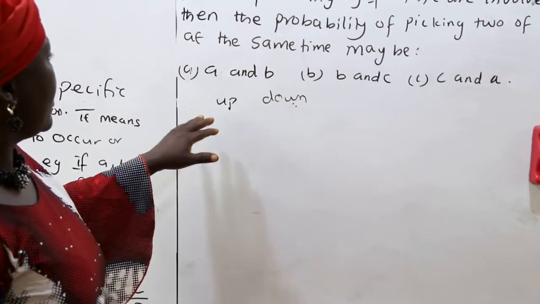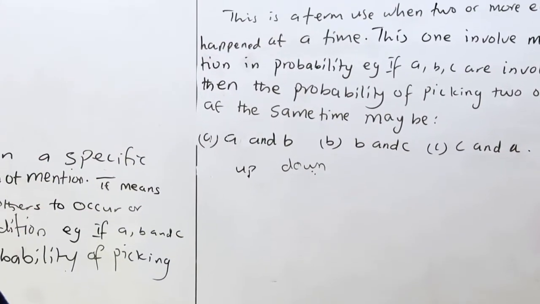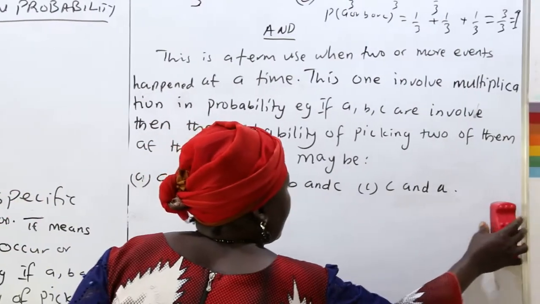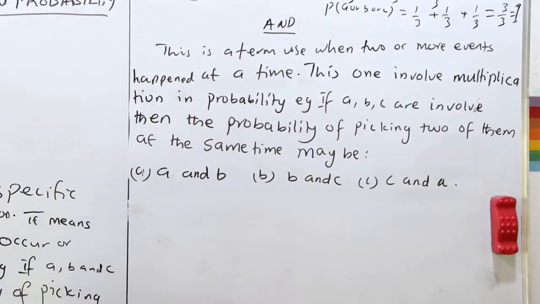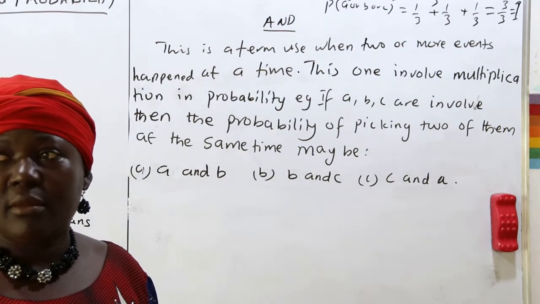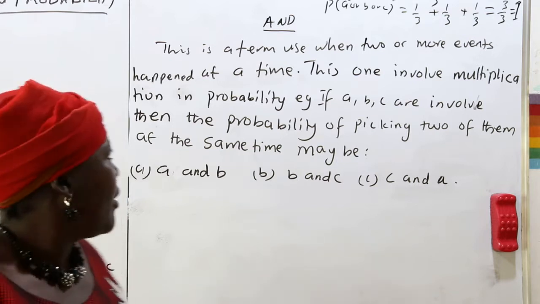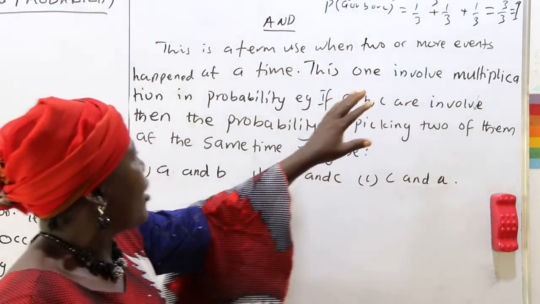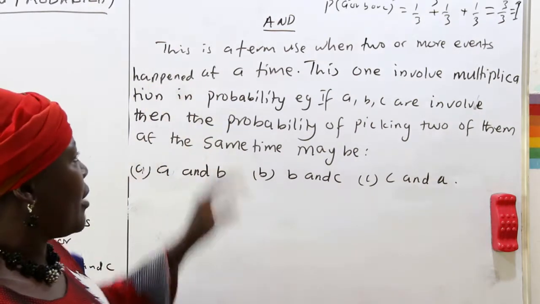Then the next one is the and in probability. This and involves more than one event at a time, at the same time. Okay? So this is a term used when two or more events happen at a time.